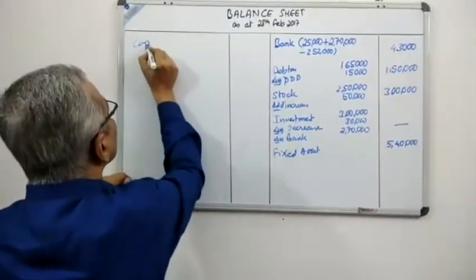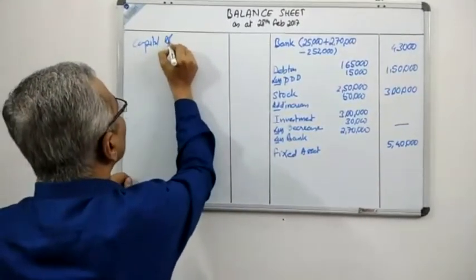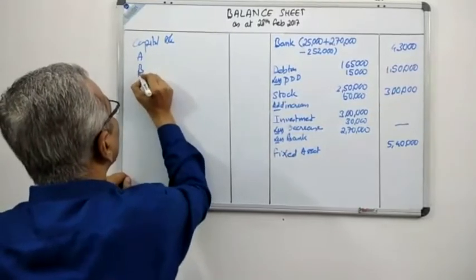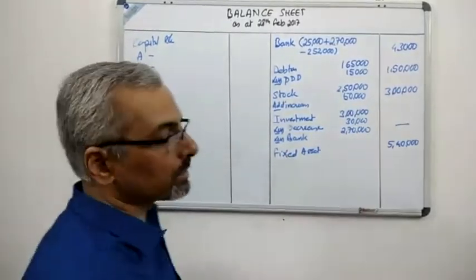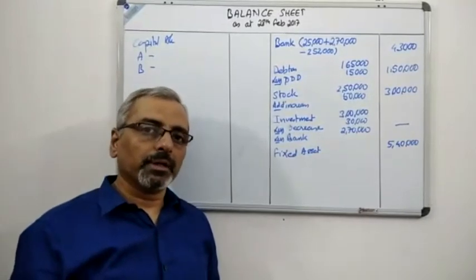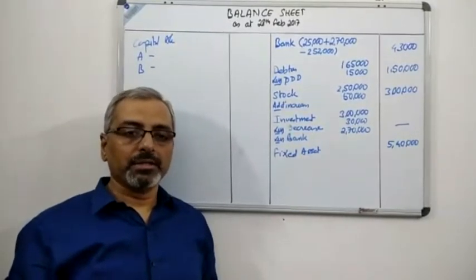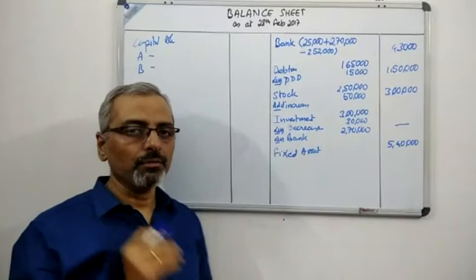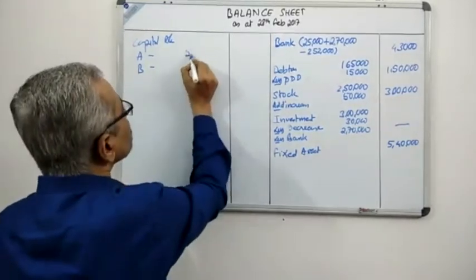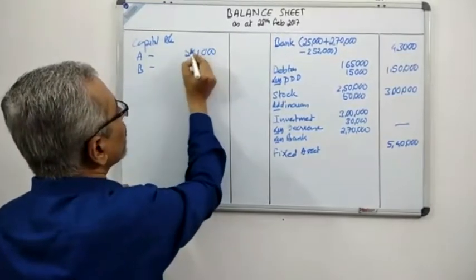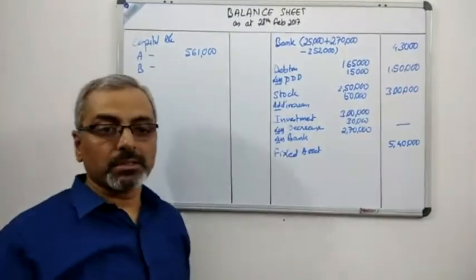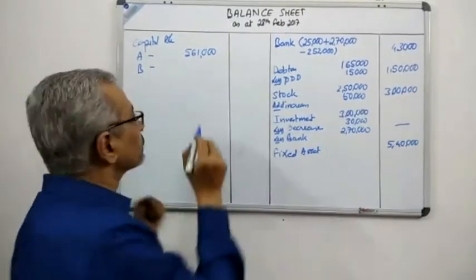So we'll start with the capital account. And if you remember, the two partners A and B are continuing and C has retired. If you remember the capital account, we had got a balance in the capital account of A of 5,61,000. And we had got a balance of B as 3,49,000.